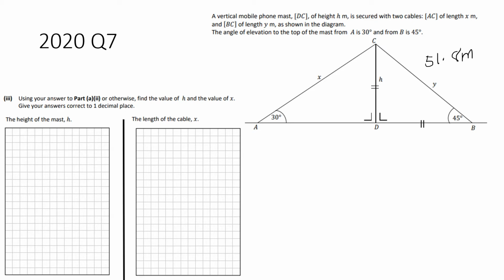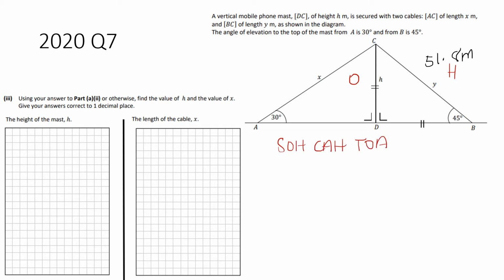To find the height of the mast, we use sin, cos and tan. So this is your angle here, this is the opposite, and this is the hypotenuse.